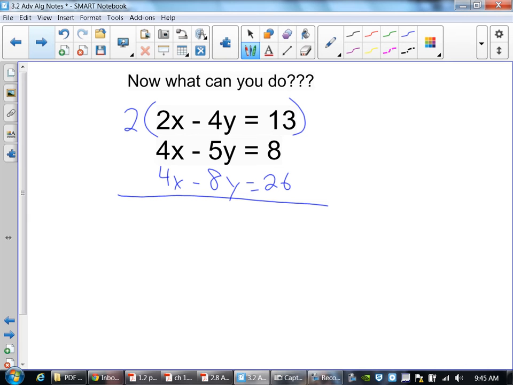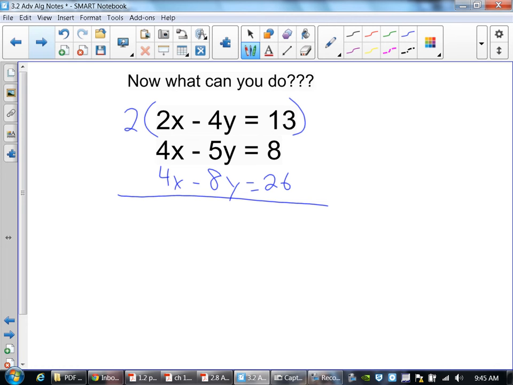By going into that linear combination first, now I have a scenario where I have same coefficients with the same signs, or same coefficients with opposite signs. In this case, does everybody see how I have the same coefficient with the same sign for the 4x's? How would you eliminate those two? Good. So here are the two little rules for adding and subtracting.